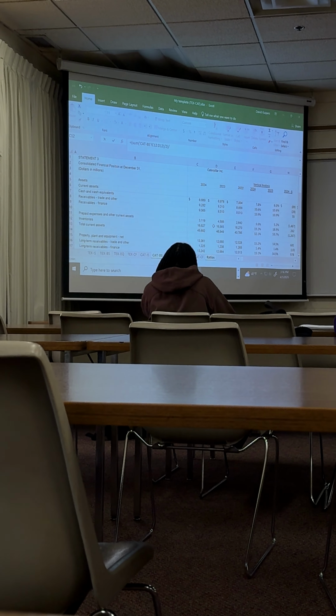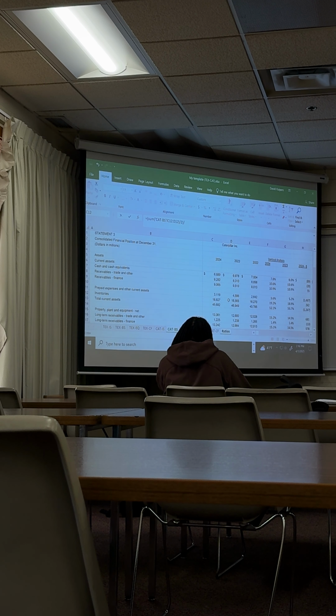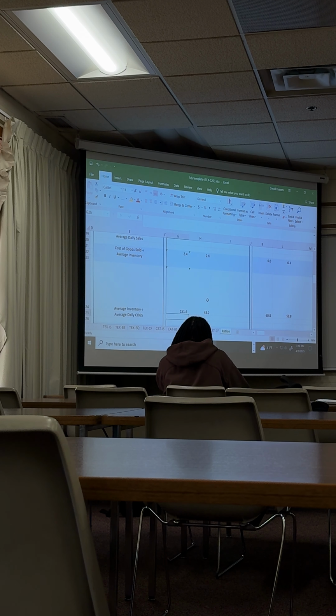And now hit divide, and we'll work on our denominator. Open a parentheses. Cost of goods sold, divided by 365, close parentheses, enter. Copy, paste formula, and you got 2023 done now.